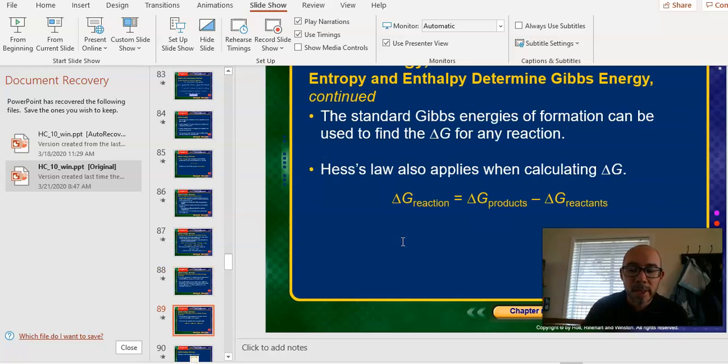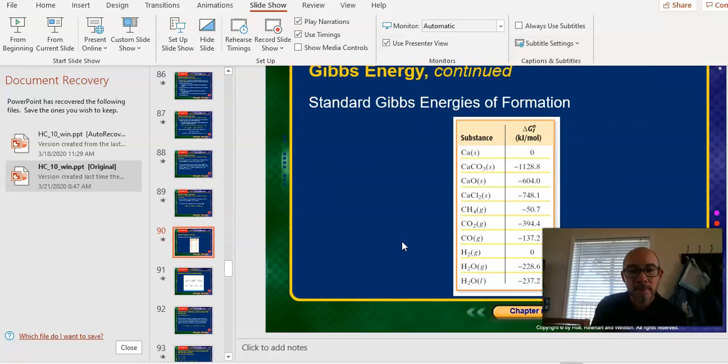And you can see here, this looks like Hess's law. Standard Gibbs energy can be used the same way that we found changes in enthalpy and changes in entropy. So we look at the total change in Gibbs energy for the products minus the total Gibbs energy for the reactants, and we've got the total change in Gibbs energy for the reaction, and then we can see if that's positive or negative or zero.